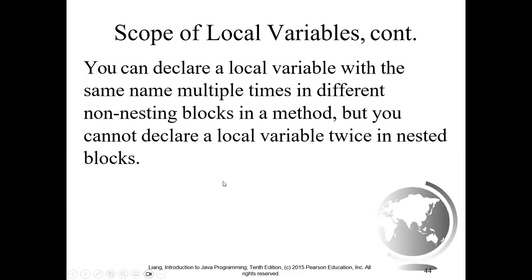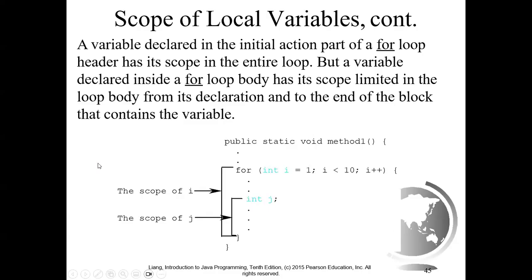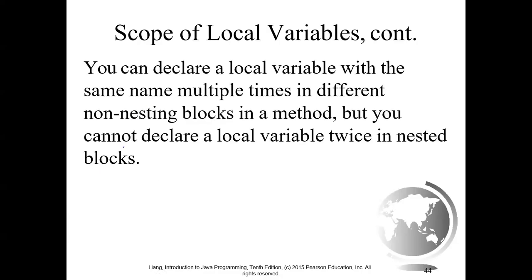Okay, the wording is not very friendly, so let me use an example. Suppose we have a method here, with a parameter. This is the scope for the method. And we may have a nested block inside the method. I don't know what goes in it yet, but I will use another pair of curly brackets to indicate it.